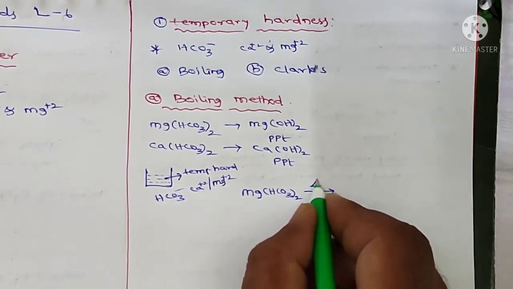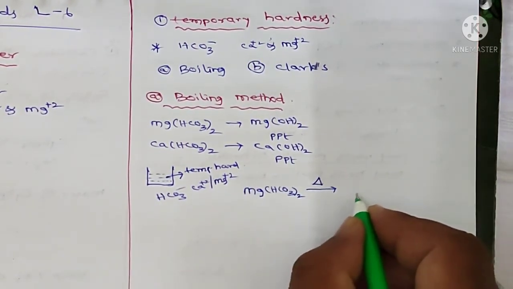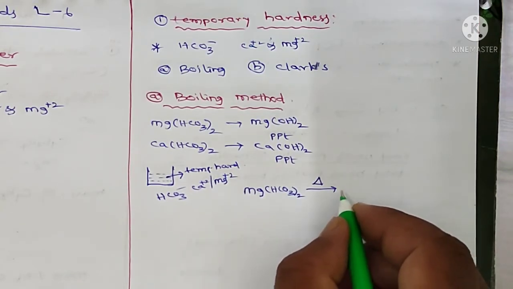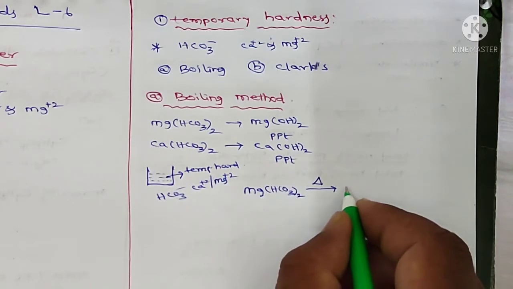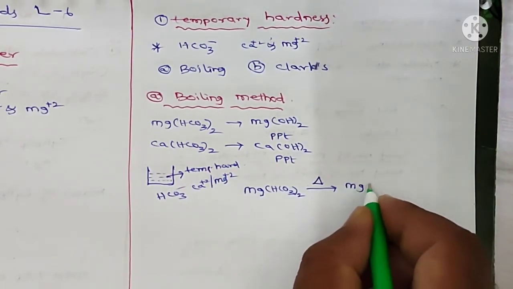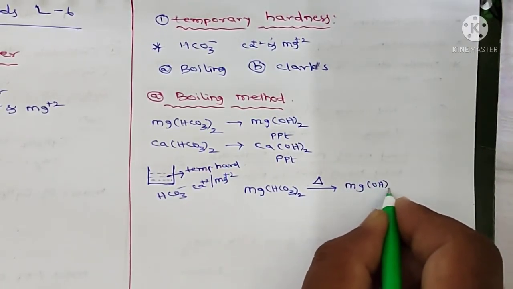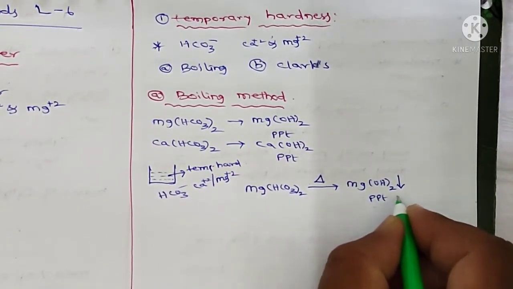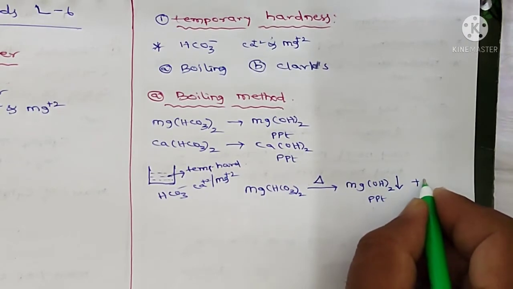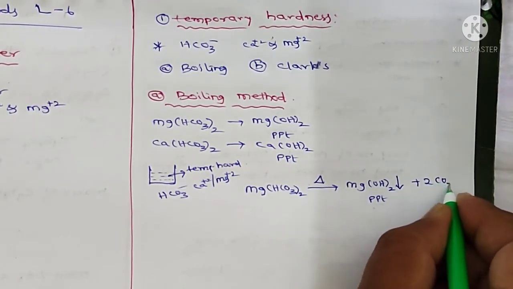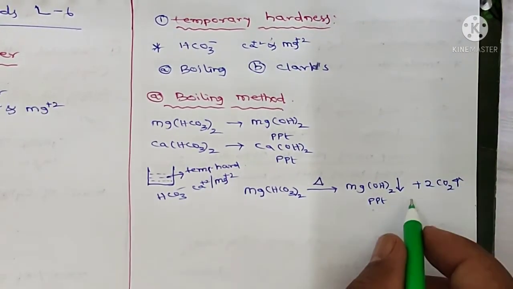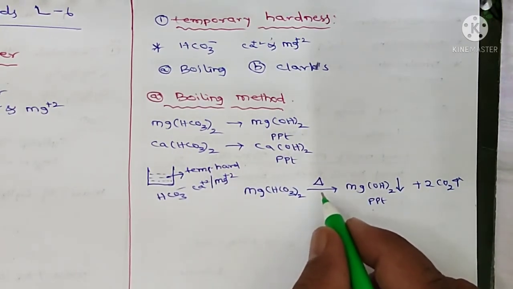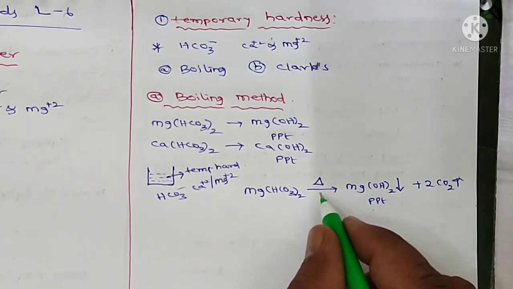So if you heat it, what happens? The PPT of magnesium hydroxide is formed. So it will give magnesium hydroxide, which is a PPT, plus 2 moles of carbon dioxide. So this is the reaction if you heat that temporary hard water.